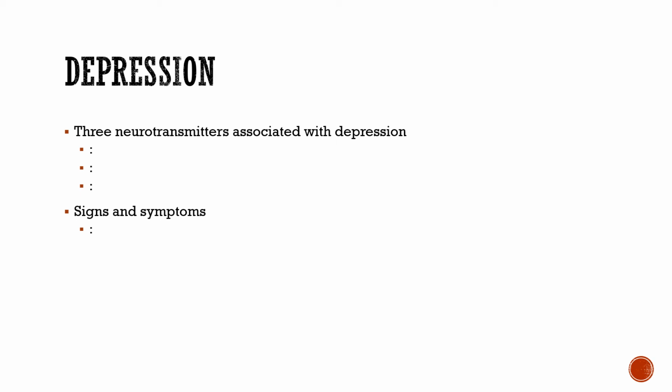And what that says is there's an imbalance of some sort in these neurotransmitters. There's a decrease in these neurotransmitters in some way. So they're going to try to increase the stimulation of these neurotransmitters. That's the whole point of every antidepressant we're going to talk about in this chapter. They're called the biogenic amine theory. And those biogenic amines, again, are serotonin, norepinephrine, and dopamine.